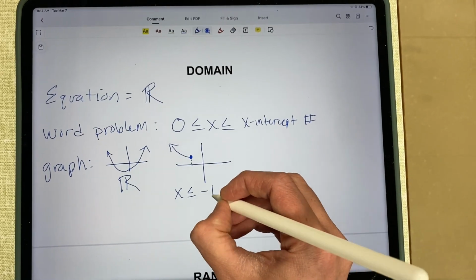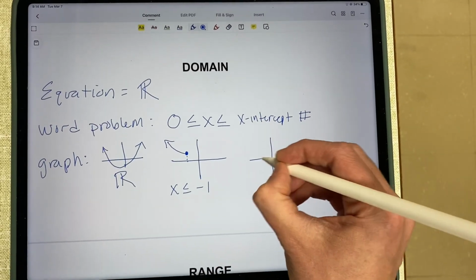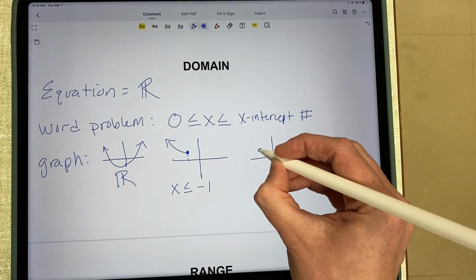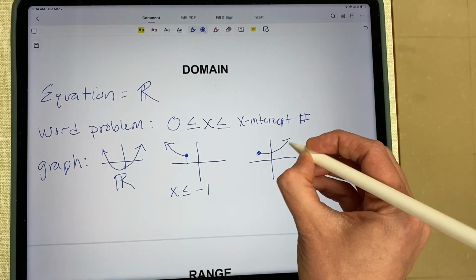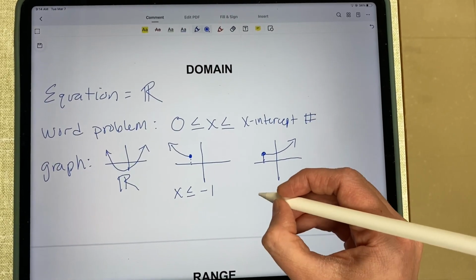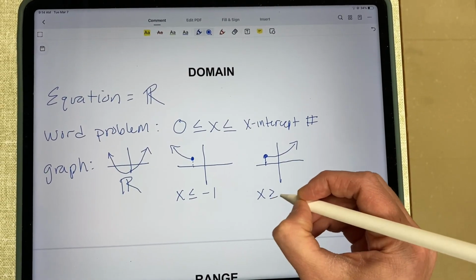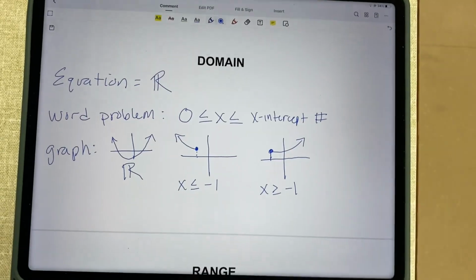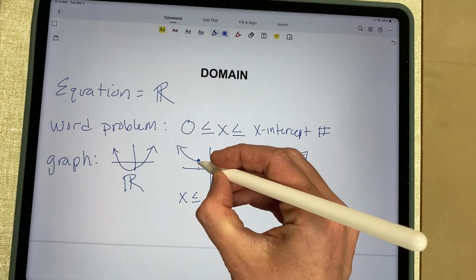Let's call that -1. If it has a dot and it's pointing to the right, okay, again, let's say this is -1, pointing to the right is x greater than -1, okay?